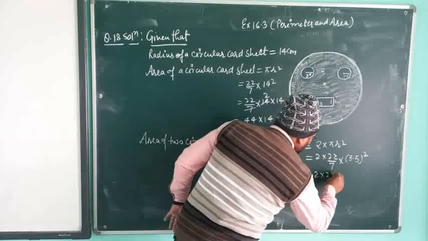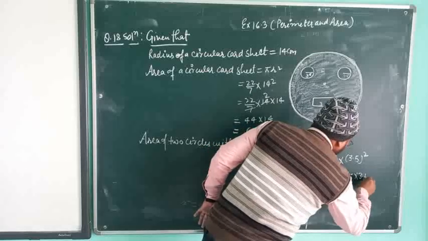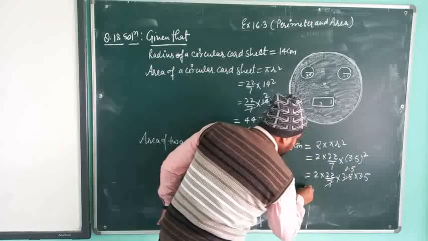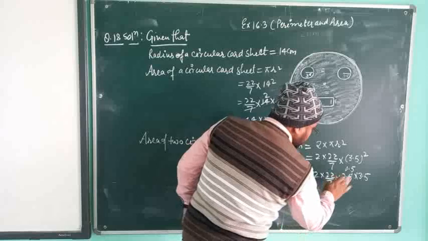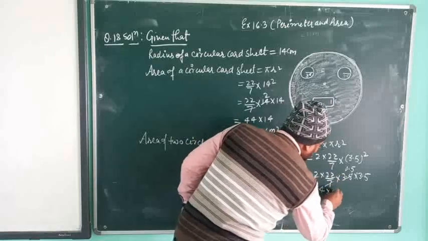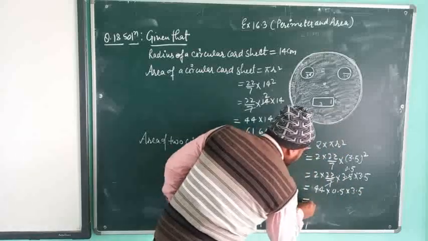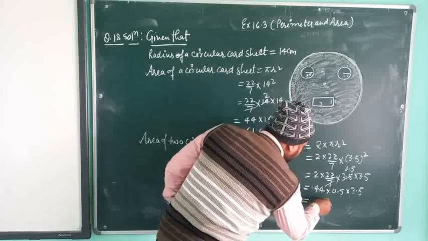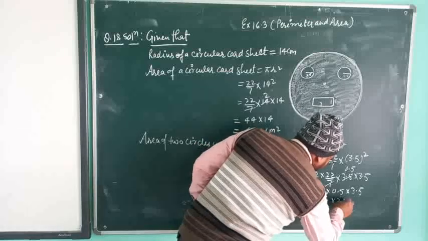So 2 into 22 by 7 into 3.5 into 3.5. So 44 multiplied by 0.5 multiplied by 3.5, which is 22 multiplied by 3.5.